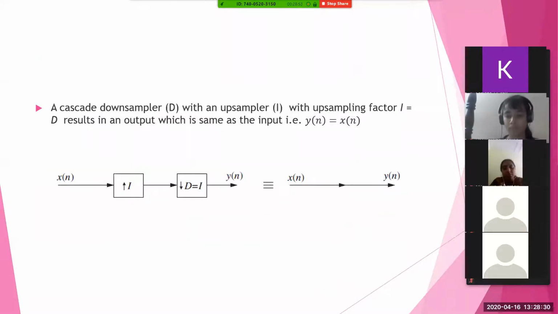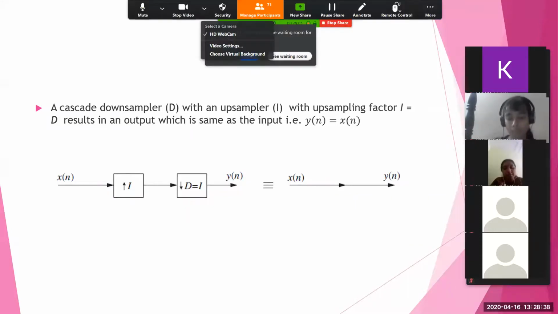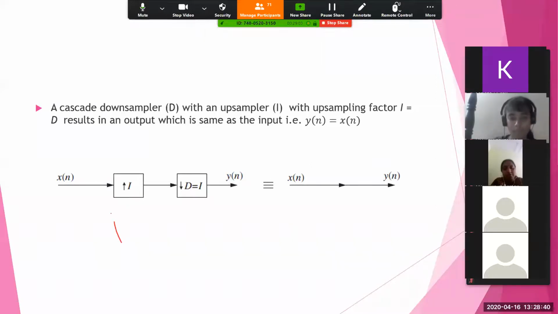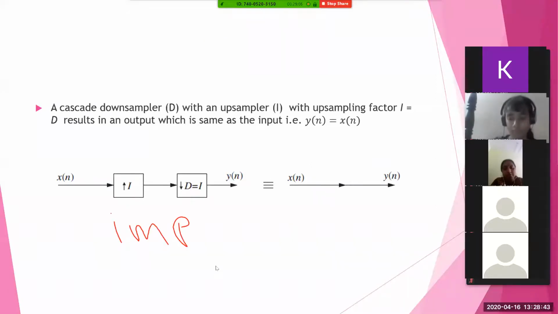Now, this is important. We will come across situations where an upsampler comes first, then we have a downsampler, and both factors are equal. For instance, if the upsampler is 100, the downsampler is also 100. So what exactly happens to the signal? Nothing.